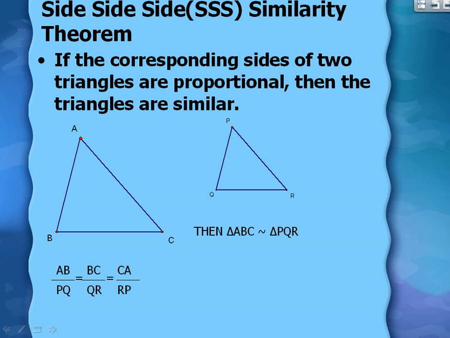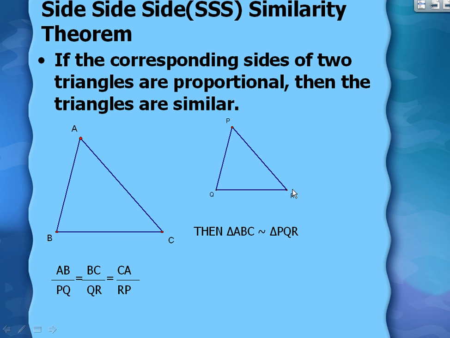So in this case, we've got the big triangle ABC and the small triangle PQR. And what they're saying is if the ratio of the corresponding sides are all equal. So would everybody agree that side AB goes with side PQ in these scaled version triangles? So if the ratio of AB divided by PQ is equal to AC over PR, right?